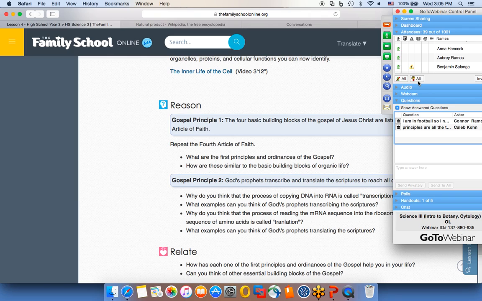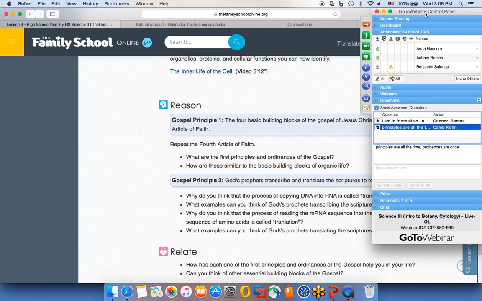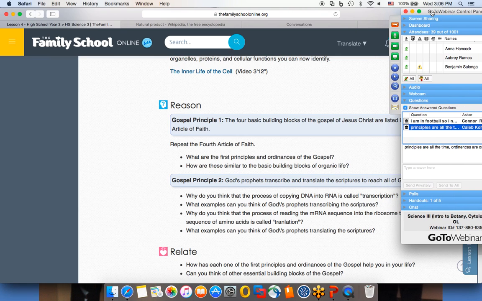So Caleb says principles are all the time, ordinances are once. Yes, we do the ordinances once for ourselves, but we need to keep the Holy Ghost with us all the time and basically be purified as in baptism also every time. Okay. How about the second gospel principle that I have here?